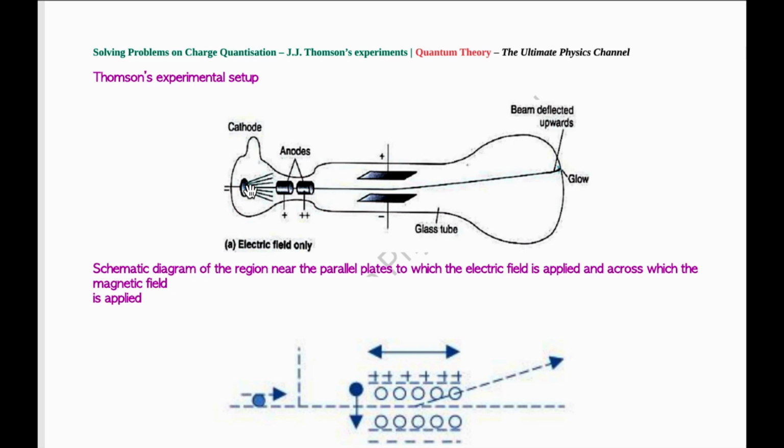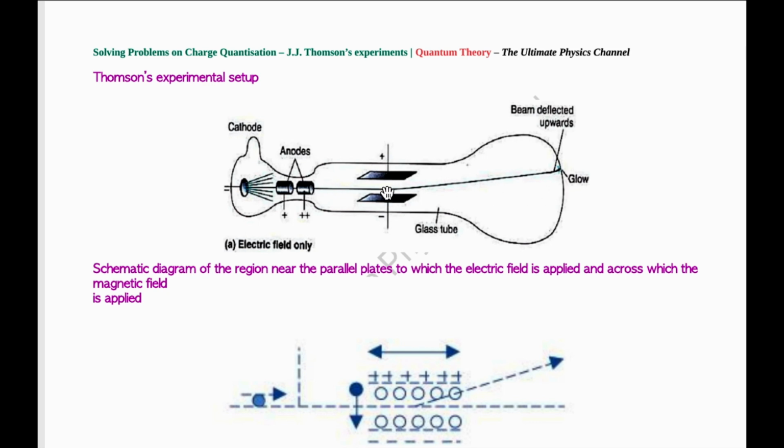Basically they were thought to be cathode rays because of this reason, and these electrons travel from cathode towards the anode, and then a thin beam of electrons is made to pass through this region where a pair of electrically charged plates connected to an external power supply ensures that there is a region where there is electric field, and then these electrons pass through this region and then impinge on the screen.